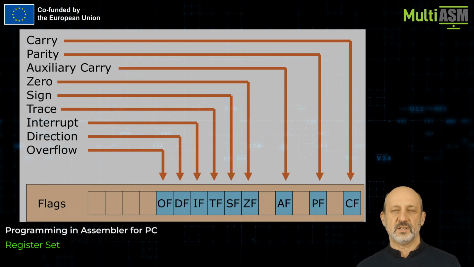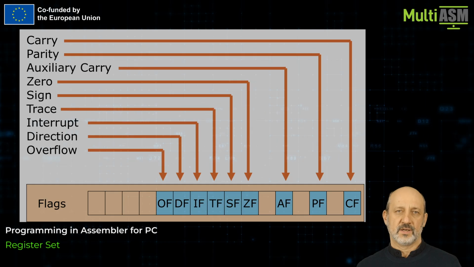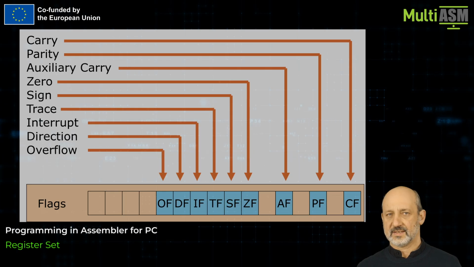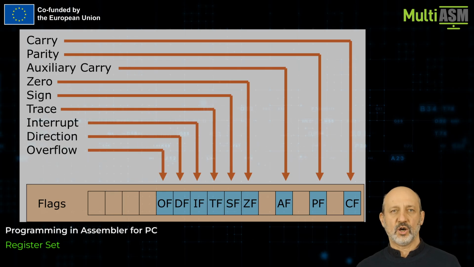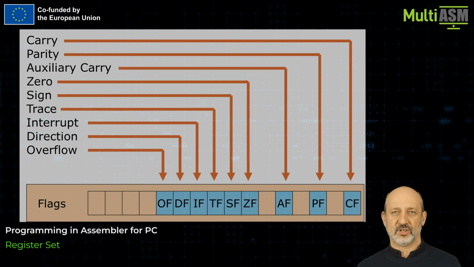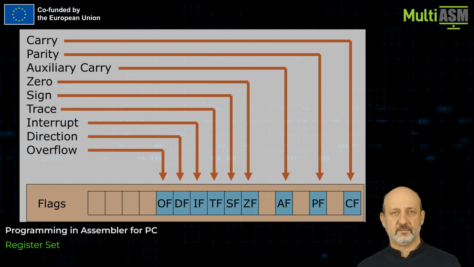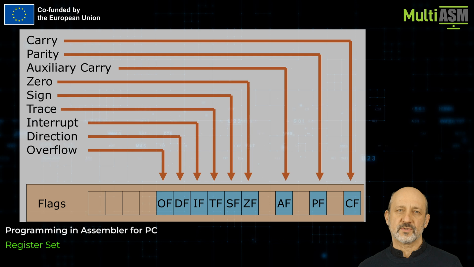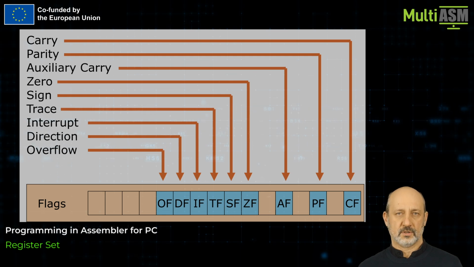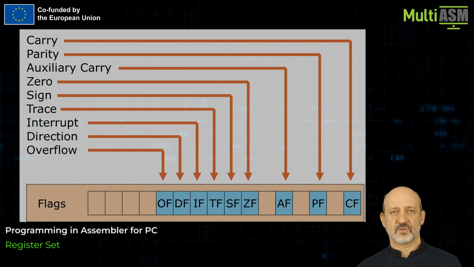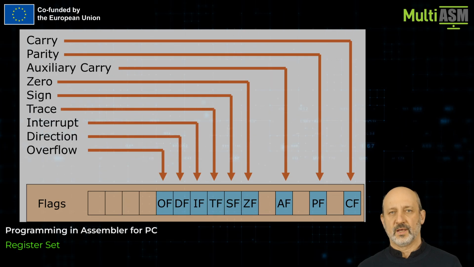It is used for BCD calculations. Zero flag is set if the result of an operation is 0. SF, sign flag, is a copy of the most significant bit of the result. OF, overflow flag, is set if the result of an operation is too large or too small to fit in the destination operand. It is used for signed arguments.